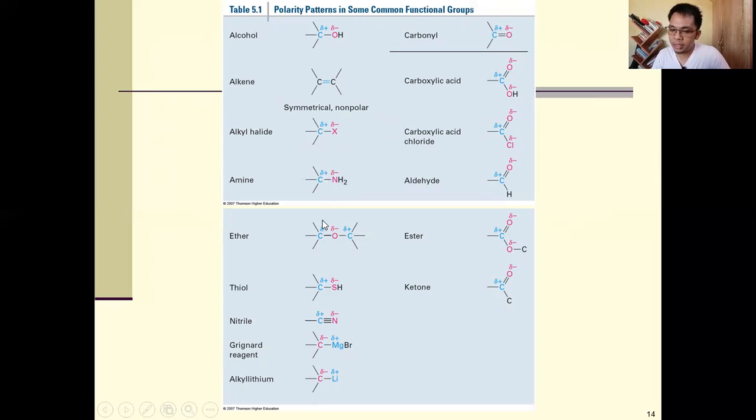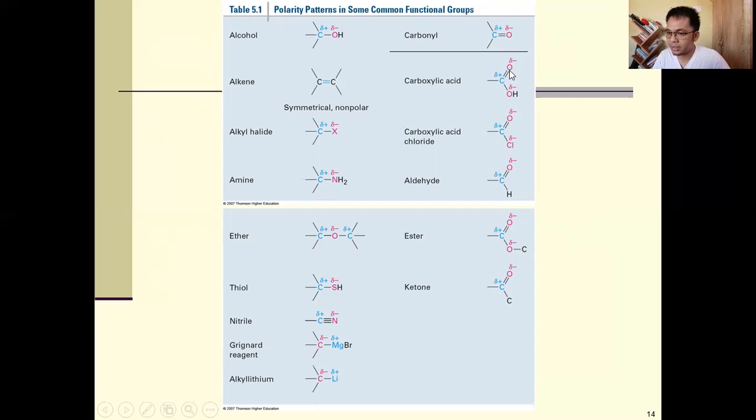So, usually, mapapansin ninyo, guys, ang mga elements na present dito ay more electronegative than carbon na nakabond. Siyempre, i-exclude natin hydrogen. You all know that carbon is more electronegative than hydrogen. I-exclude natin mga itong mga to. So, they will contain a partially negatively charged and partially positively charged atom.